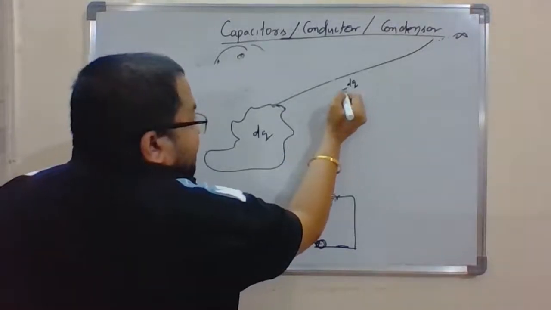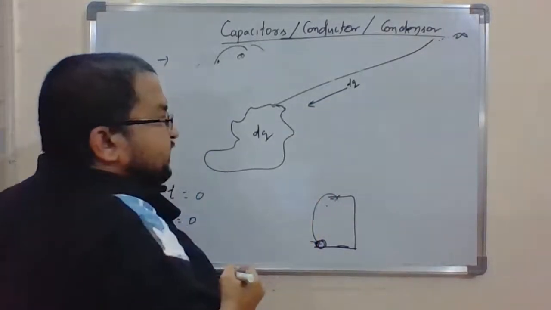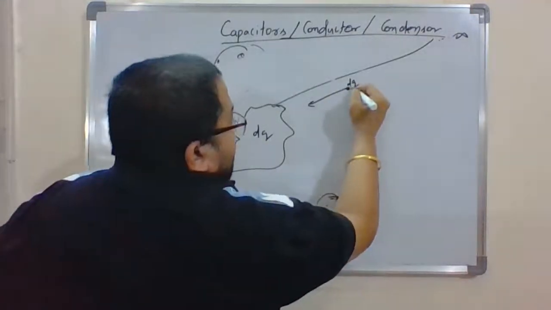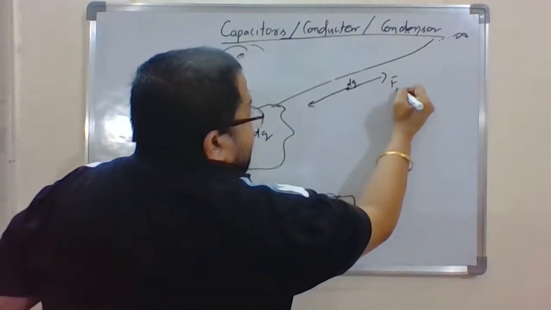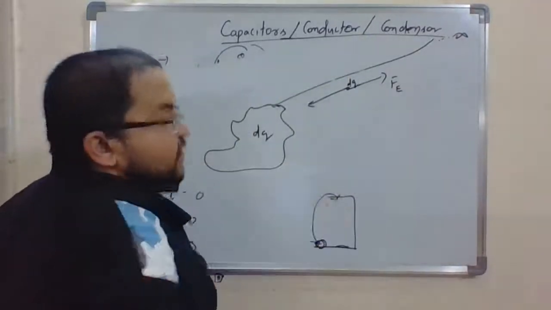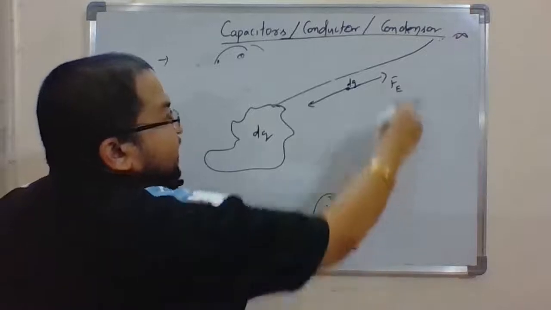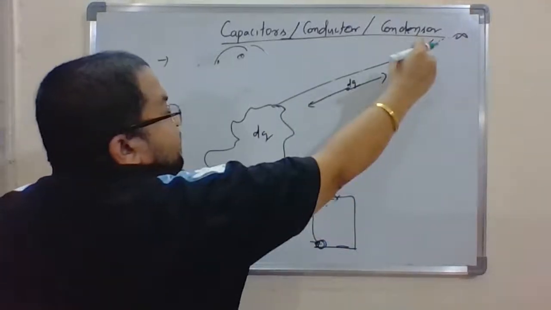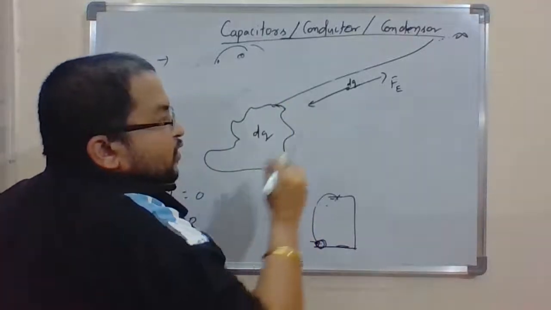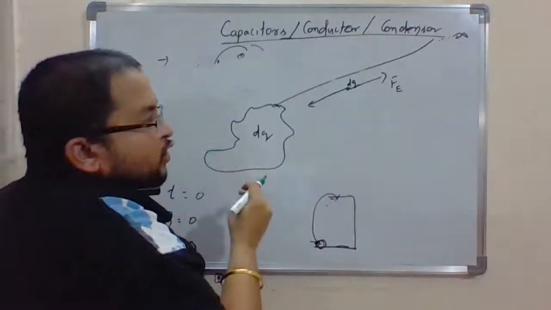So when I am trying to bring this charge in this direction, this charge would provide a repulsive force Fe in this direction. If there's a repulsive force Fe, and I am bringing it from infinity to this point, obviously I would do some work.